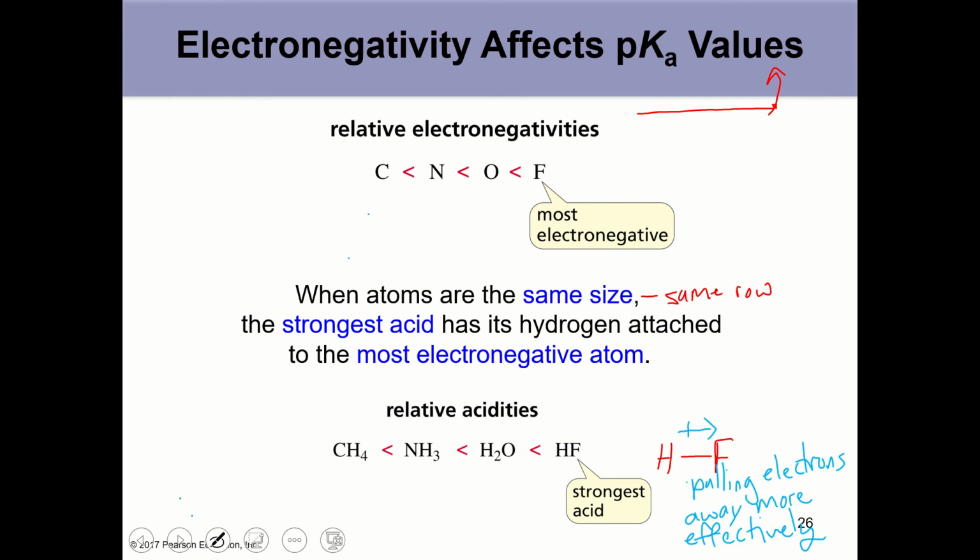So that means weaker bond. Okay, so we can also say that the strongest acid has the weakest bond to hydrogen.